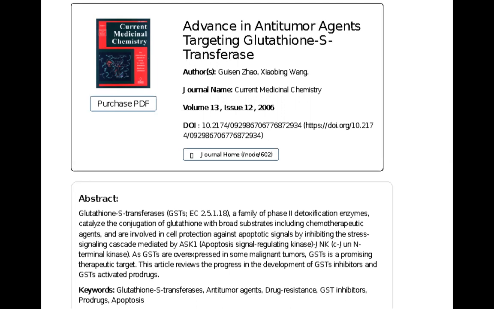This enzyme catalyzes the conjugation of glutathione, including to chemotherapeutic agents. So the GST is an enzyme that will help the excretion of some xenobiotics.